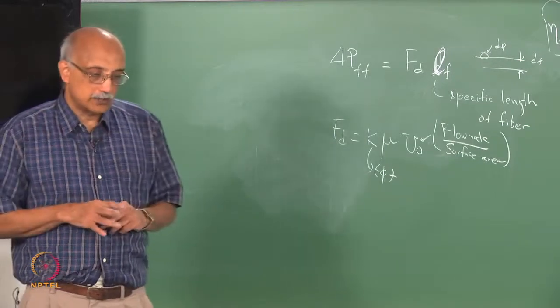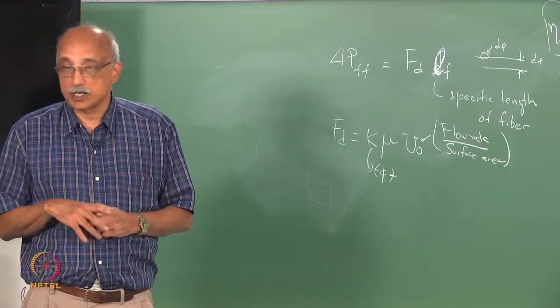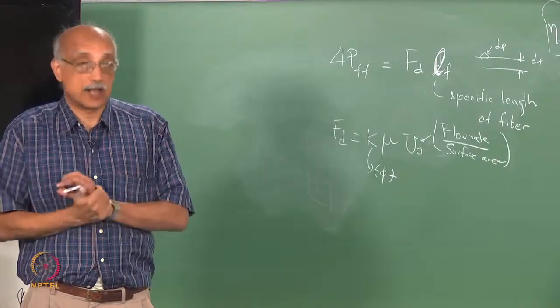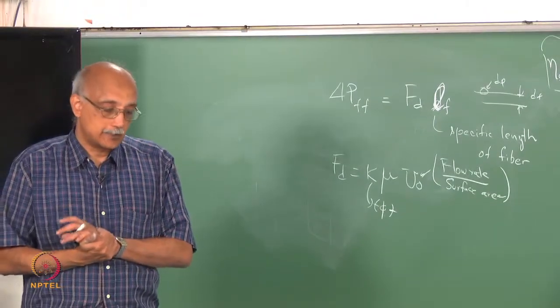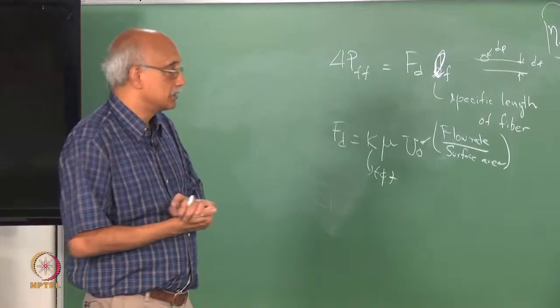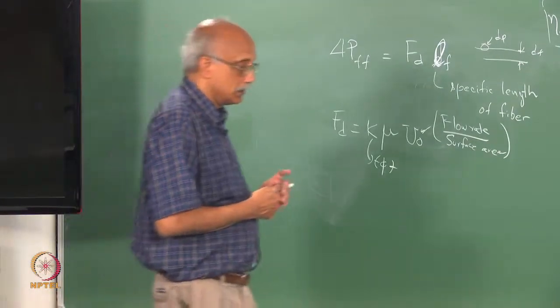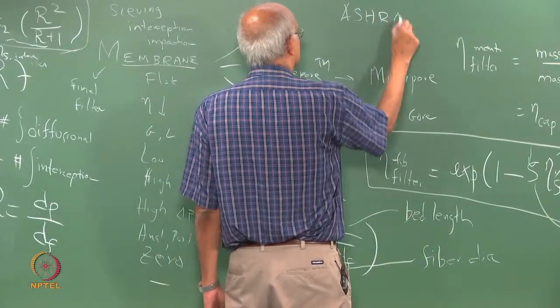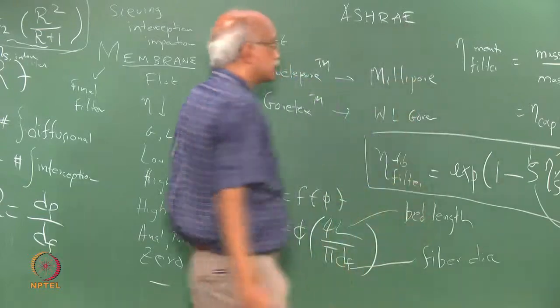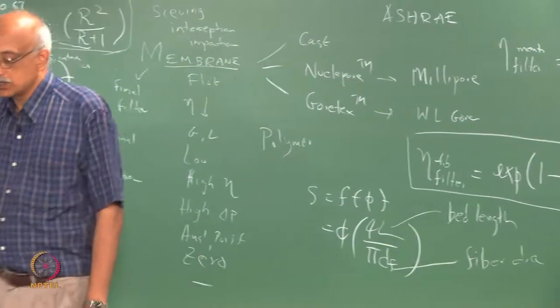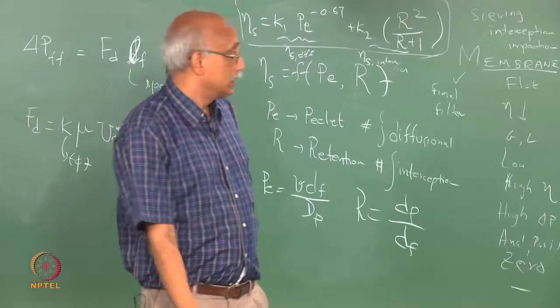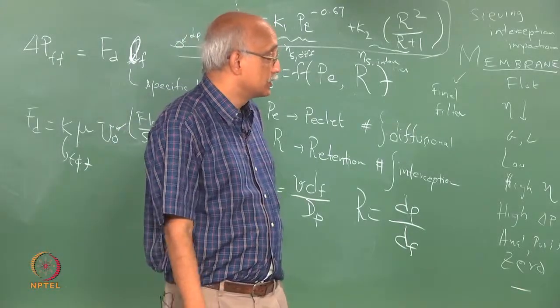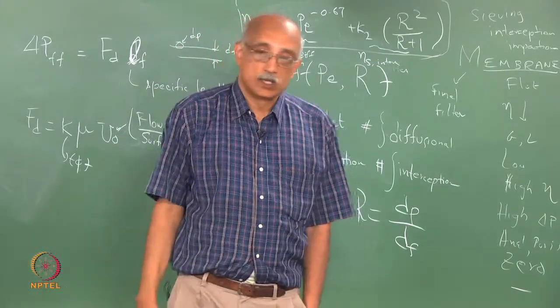And it turns out that there are various standards that have been established for ranking filters, and the organization that is most active in ranking or rating of filters is called ASHRAE, which stands for American Society for Heating, Refrigeration and Air Conditioning Engineers.